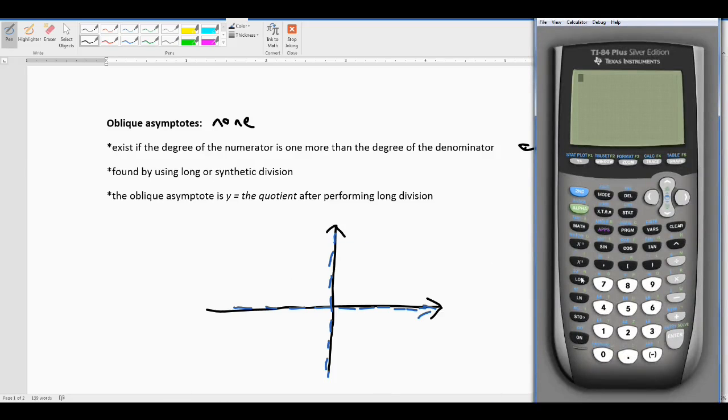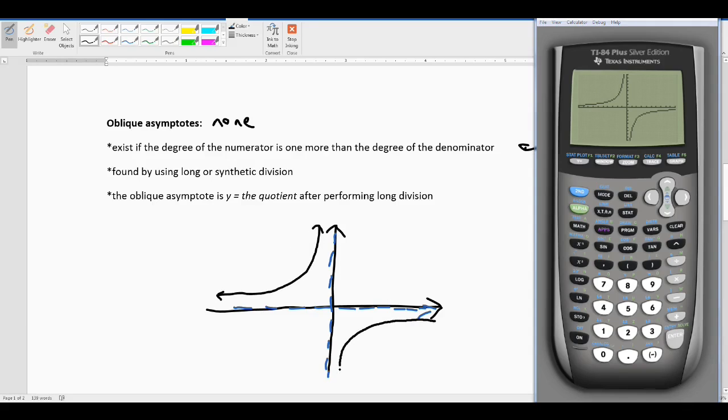If you don't have a graphing calculator, you can always substitute points into the original function just to get an idea. So we're going to type in negative 7 divided by x, graph it. It goes up and it's up there, so let's graph it. Notice some things. It's not crossing the x or y axis.